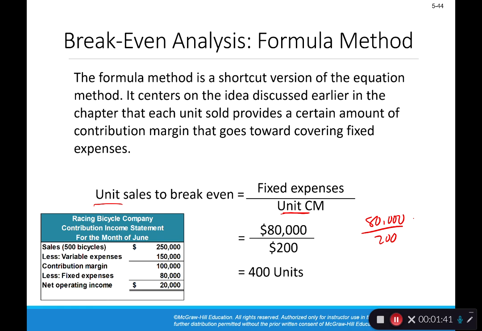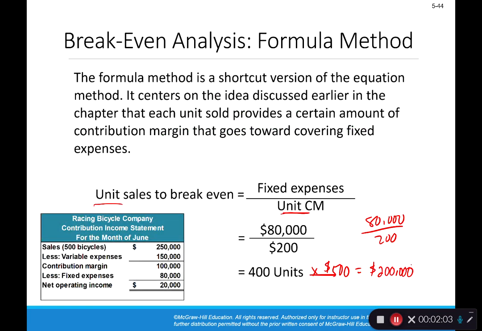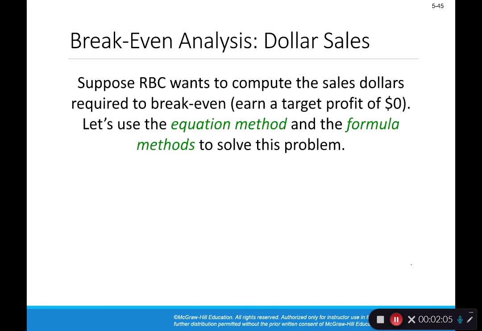So we take our fixed cost of 80,000 divided by our CM per unit of 200, and we get our answer in units. Now we can multiply that by 500, the selling price per unit, to get our answer in dollars, which would also be 200,000. So that's one way to do it. If we have the answer in units, simply multiply by our selling price and get the answer in dollars.